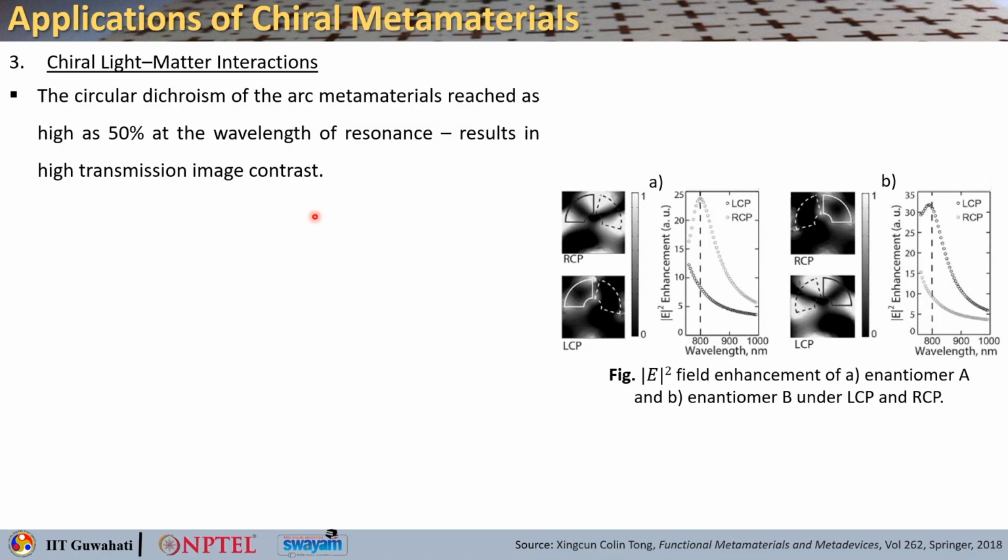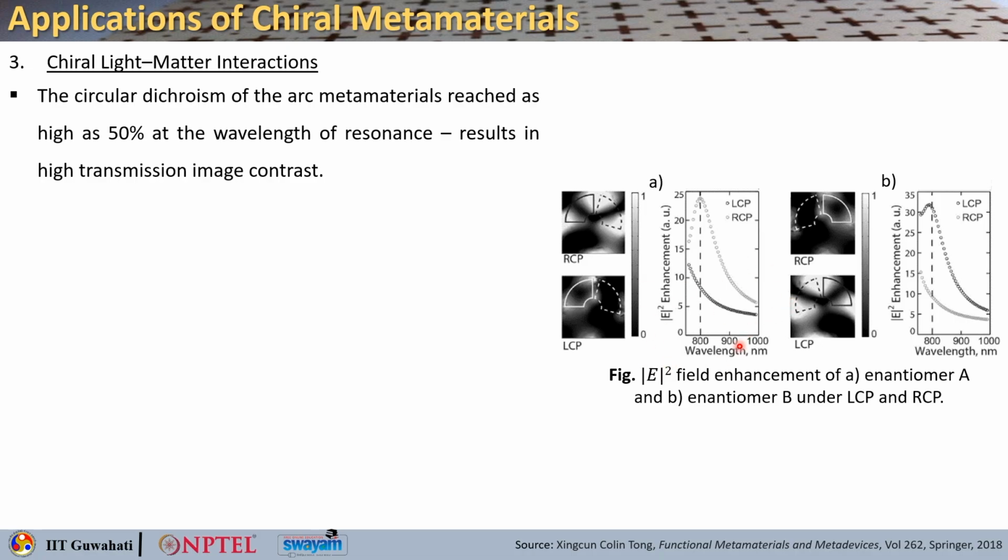Now, in the linear regime, you can see that the chiral dichroism of the arc metamaterial reached as high as 50% at the resonance wavelength, around 780 nanometer, which can lead to very strong contrast of the transmission images that you can see in this figure.